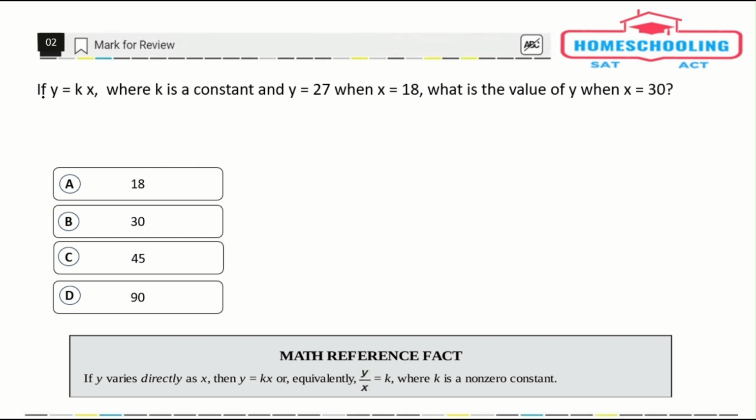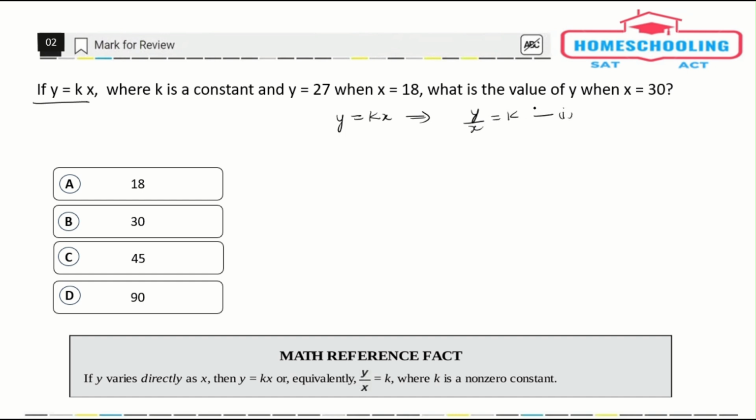Question number 2 says that if y is equal to kx, where k is a constant, and y is equal to 27 when x is equal to 18, what is the value of y when x is equal to 30? So first we will take this equation as it says that y is equal to kx. So this can be written as y divided by x is equal to k.